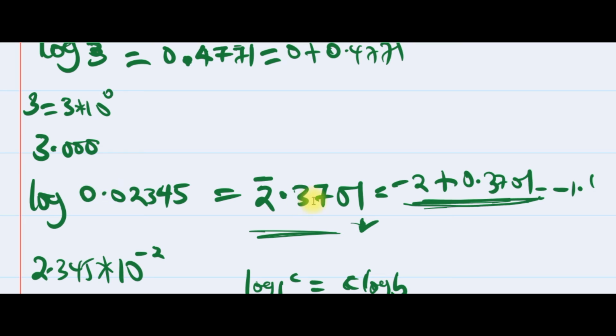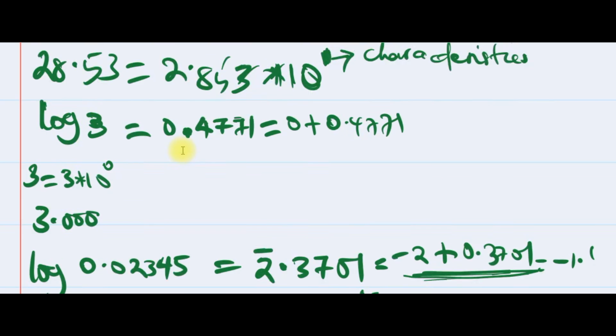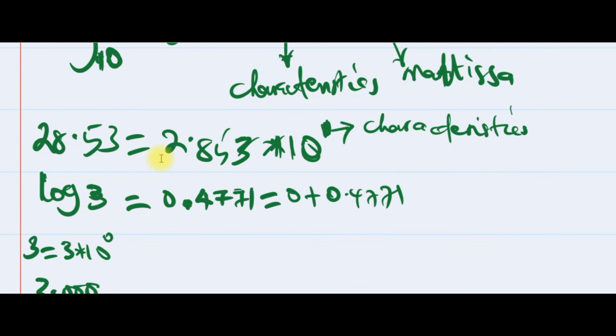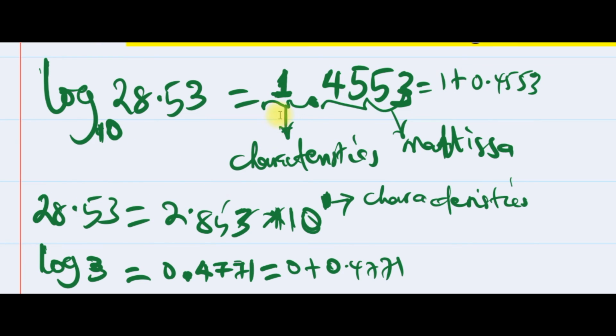If it's 3 zeros, bar 3. If it's 1 zero, bar 1. So always remember this: for a whole number, the characteristic is always 1 down, you subtract 1 from the number of digits. This is 2, so if you subtract 1, you get 1.